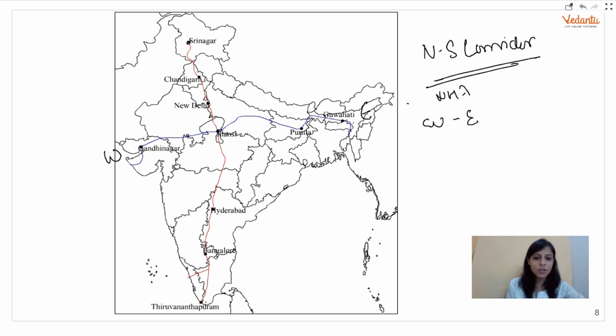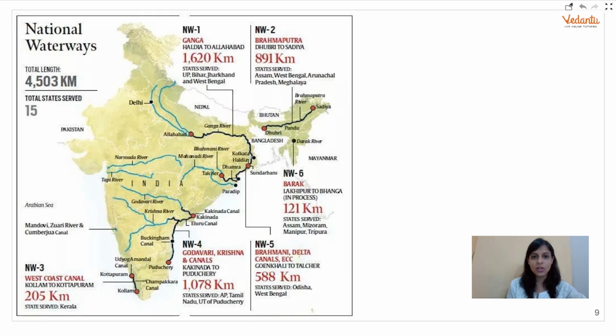Now, moving on to the next question, I want to talk about waterways also in this class, since in your book you've been asked to cover waterways. So let's try to analyze the location of the waterways. For example, in your book it's given National Waterway 1. It joins Allahabad right here to Haldia.